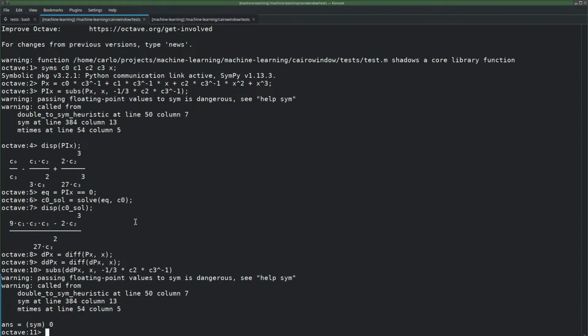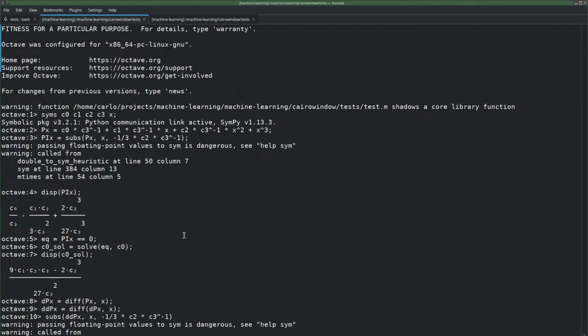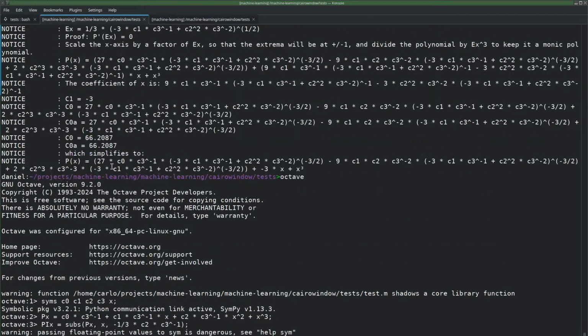Okay, I forgot what I was doing. Yeah, so if I set C0 to this, then this expression must be 0.